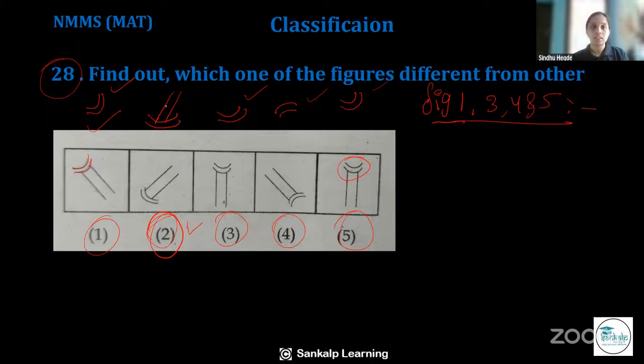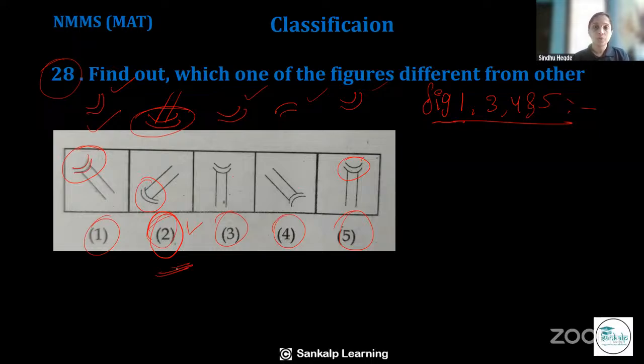Only this curve is different. We can see it clearly in these images. Observe this curve, it is a little bit different, connected at the bottom portion. So it is attached to the closed rounded end. Remaining all are attached to the open end of the parallel straight lines. So here figure 2 is different.